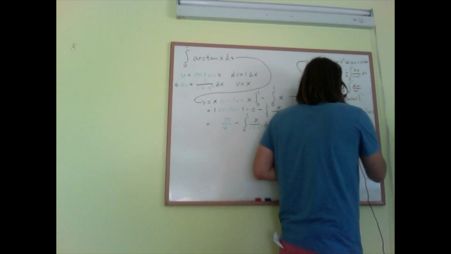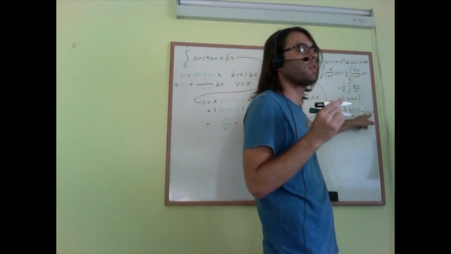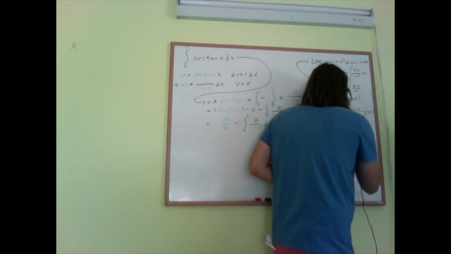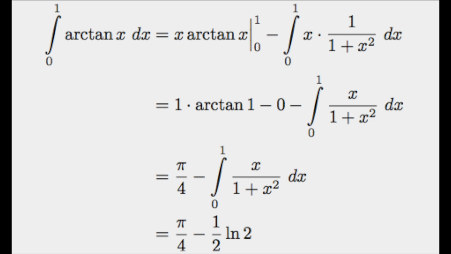This simply becomes ln of 2. Absolute value of 1 is 1, ln of 1 is 0, so this is going to be minus 0. So going back here, this becomes pi over 4 minus 1/2 ln of 2.